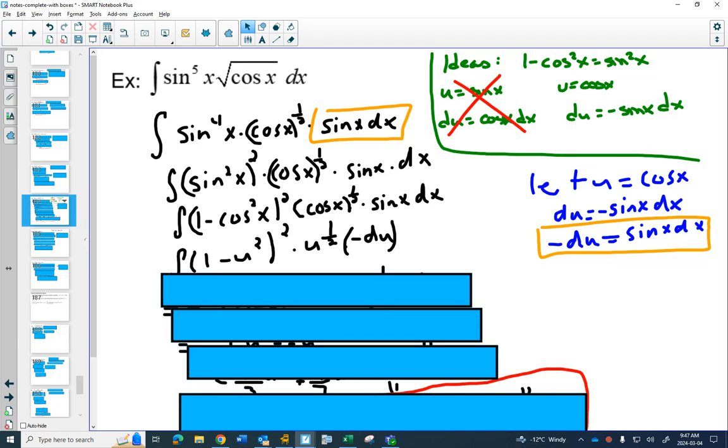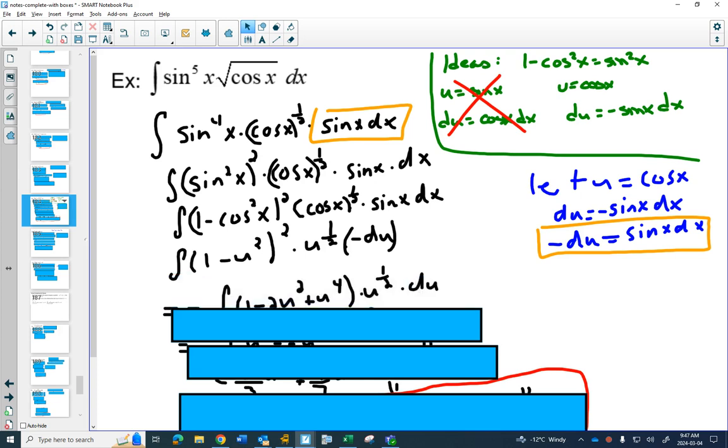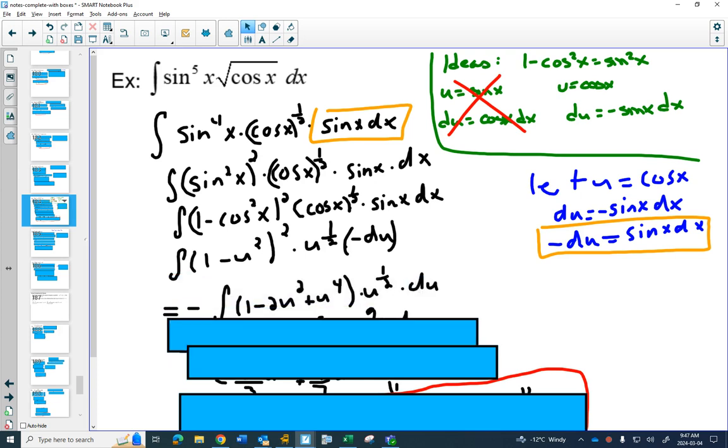And since we did a question yesterday, this is similar in that we can multiply this out by squaring it. We can distribute the u to the negative a half.